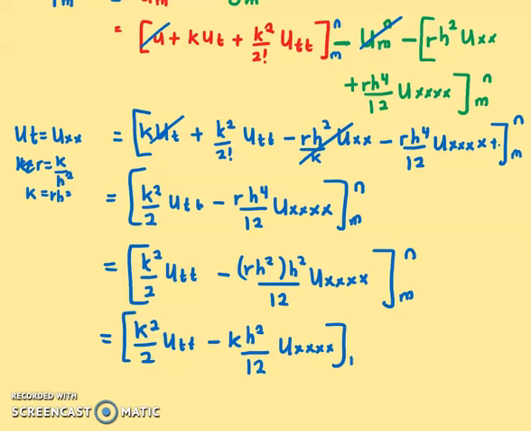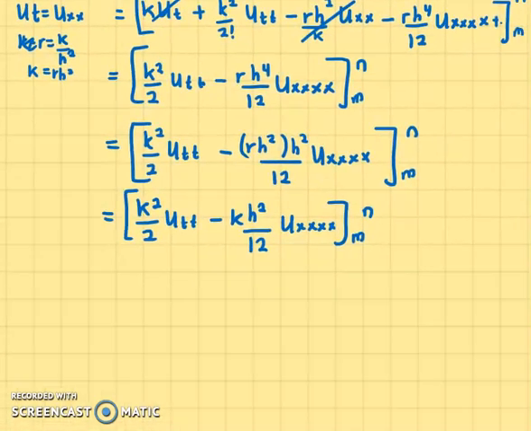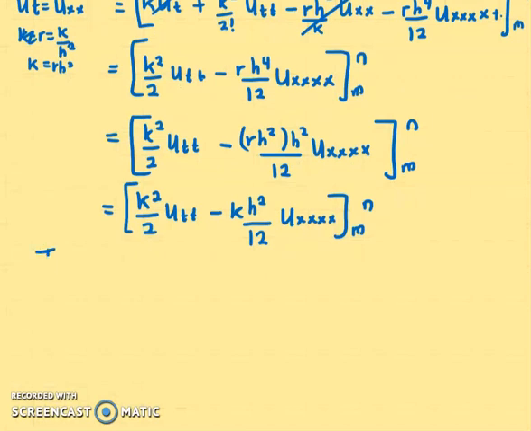If I factor out k squared over 2, I have u_tt minus, taking out another k, I need h squared over r.